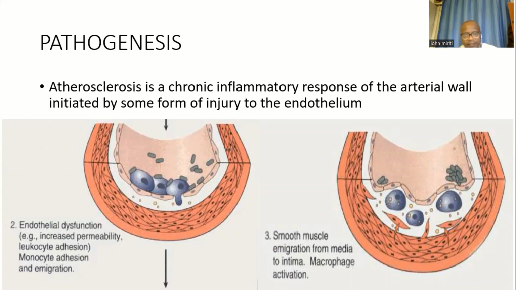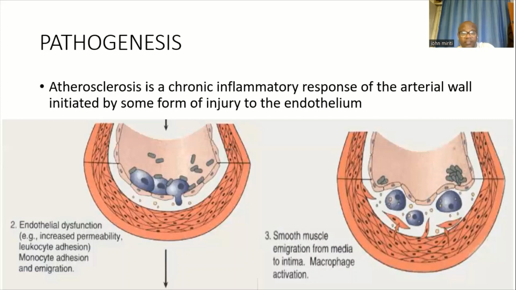So if there is any endothelial injury, it can be because of an infection, or because of a leukocyte-initiated endothelial injury, or sometimes because of neovascularization and leakage into the blood vessels, like for example in cancers.